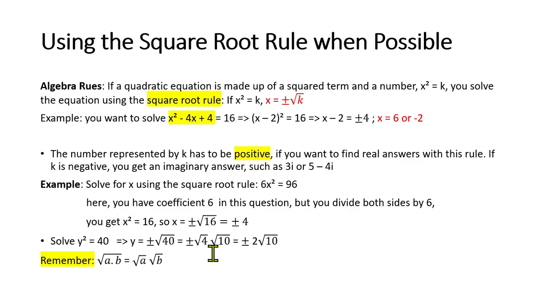So you can separate it, the square root of 4 and the square root of 10. The square root of 4 is 2, so the answer is plus or minus 2 square root of 10. So this is an irrational number. You cannot express this number in fractional form. So using the square root rule is very important.